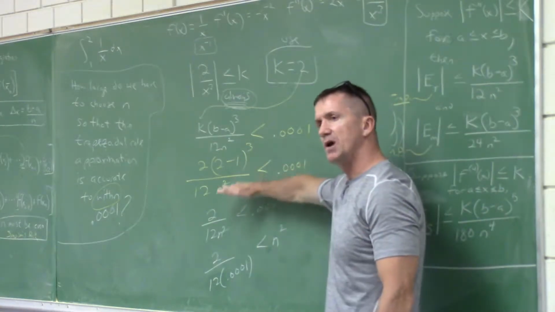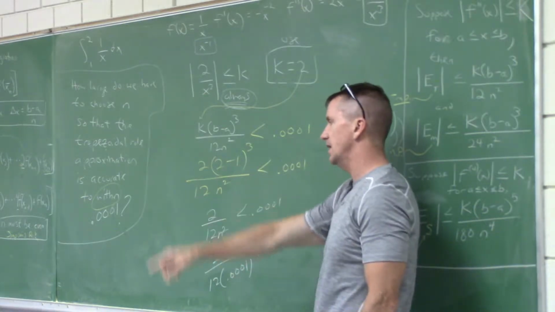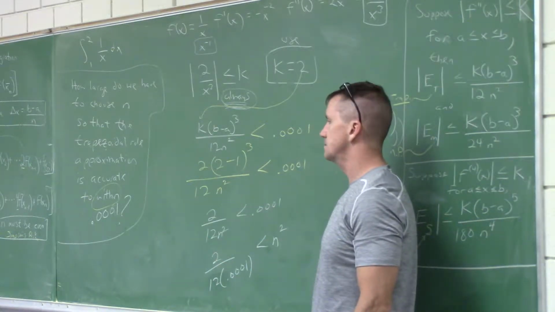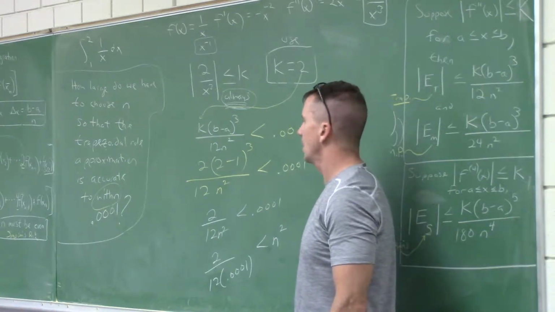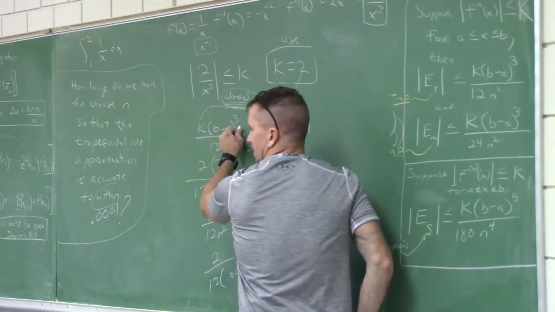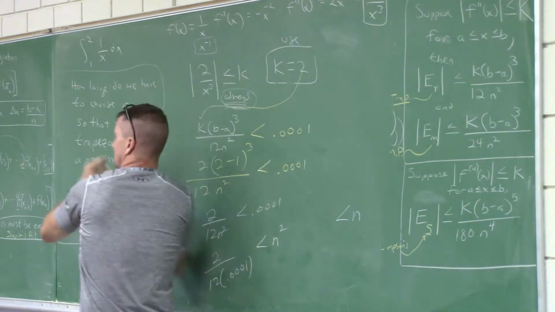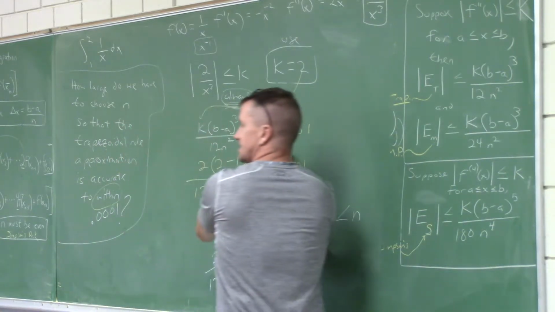Okay, how I algebraically manipulated that? Why is the less than sign pointing towards the 0.0001? Great question. We're thinking this is the error bound, right? We want it as small as possible, but within this. So that's why I'm using less than this.